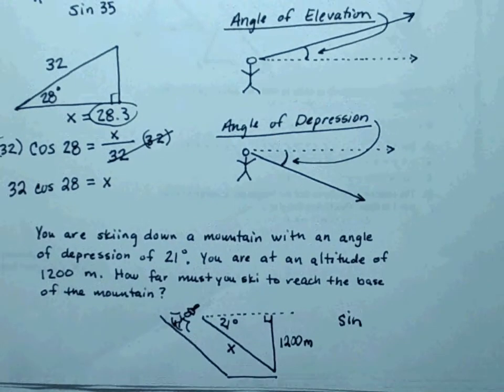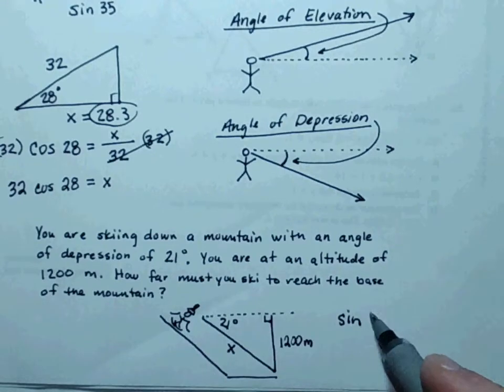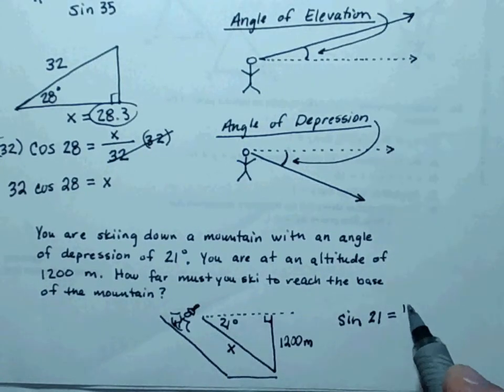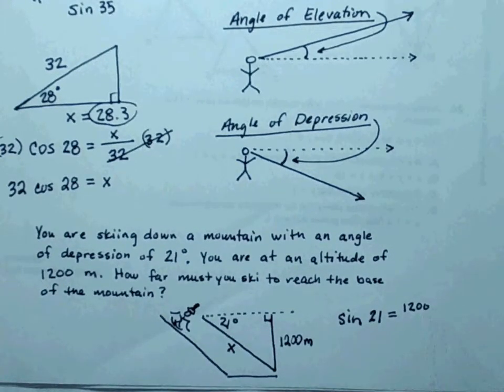And we know that after sine or any trig function, next we put the measure of the angle. Okay? So sine of 21. And we know that sine is opposite over hypotenuse. So our opposite side is 1,200. And our hypotenuse is x.